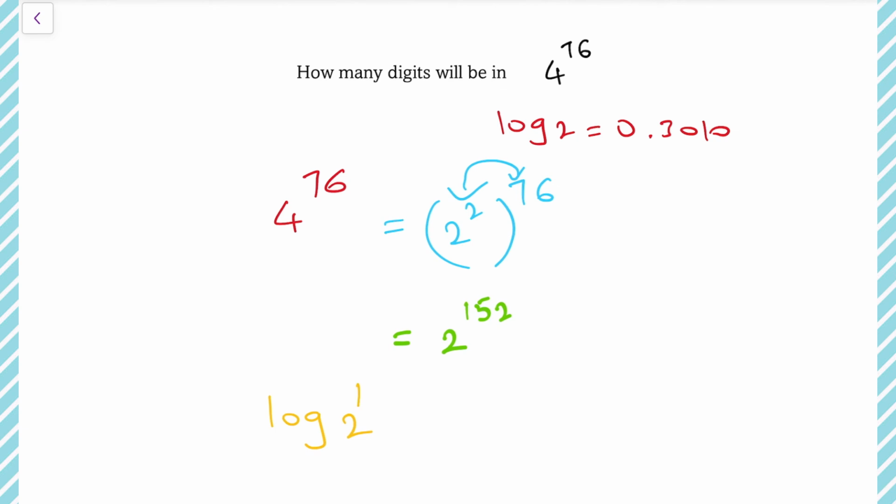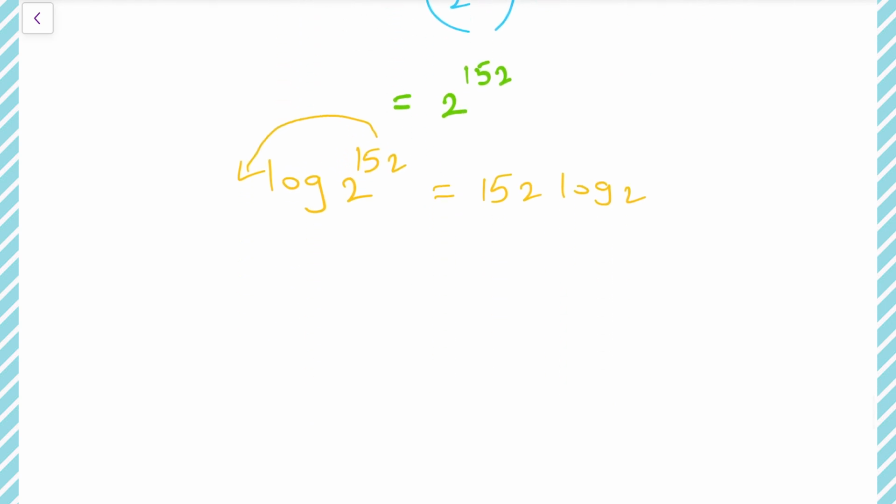Log 2 power 152. Now here the power is for the main number, so it will go to the front as it is. Then it will become 152 into log 2. So write 152 as it is, and substitute the log 2 value, that is 0.3010. Multiply these two, 152 into 0.3010.